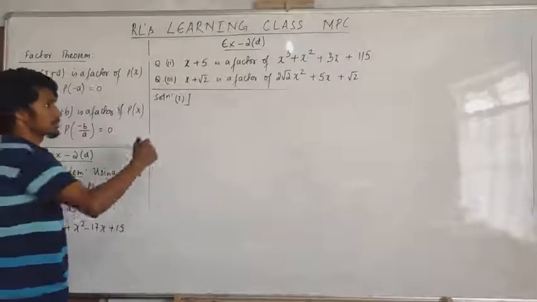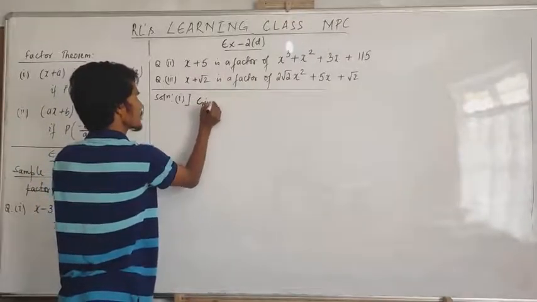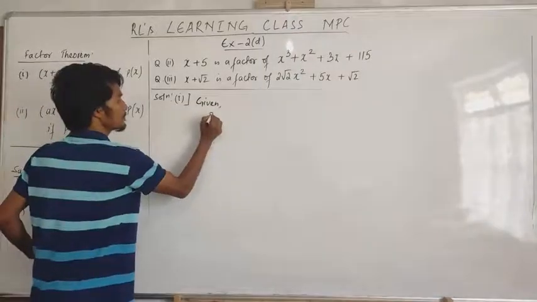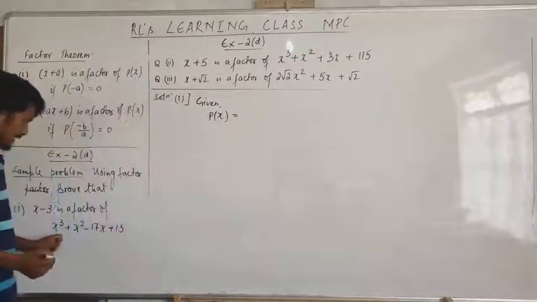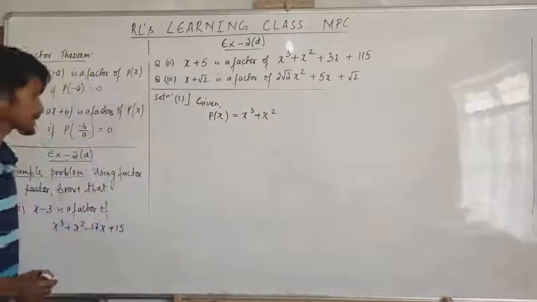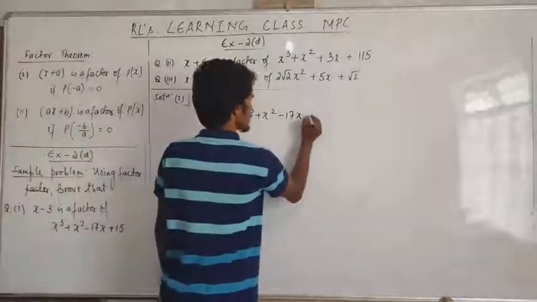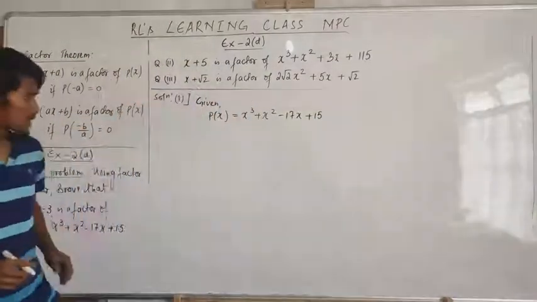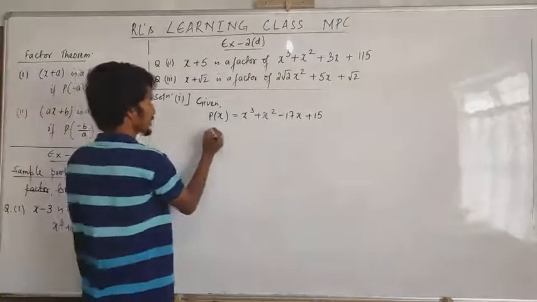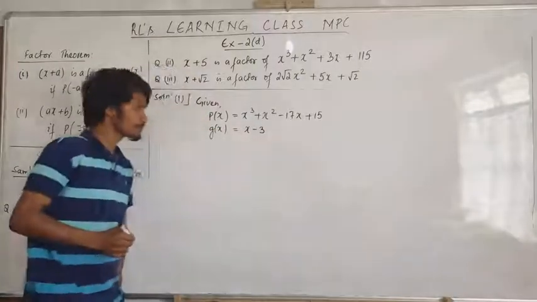Let's say, given p of x is equal to x cubed plus x squared minus 17x plus 15. Consider this one as p of x. Now it is divided by x minus 3. Consider that x minus 3 as g of x.